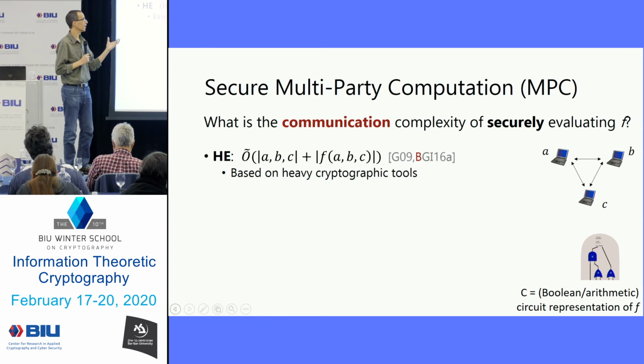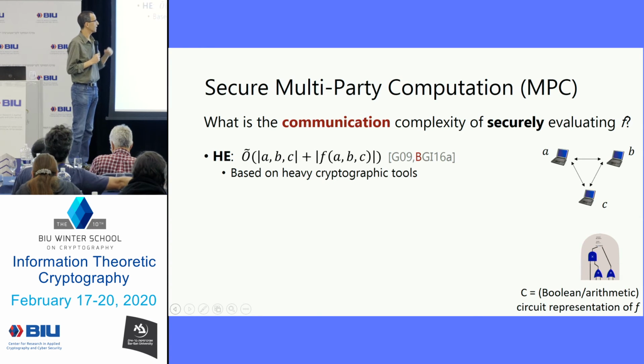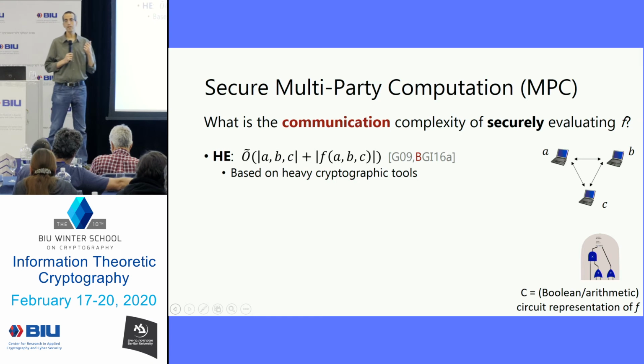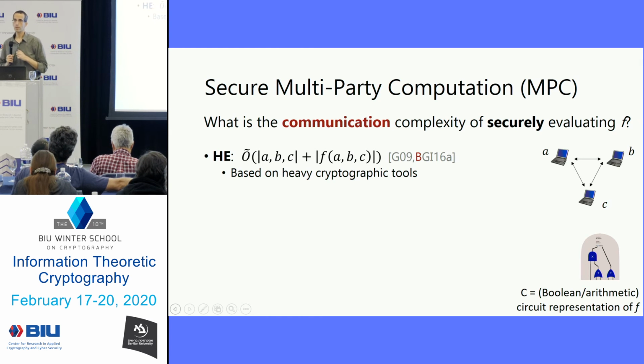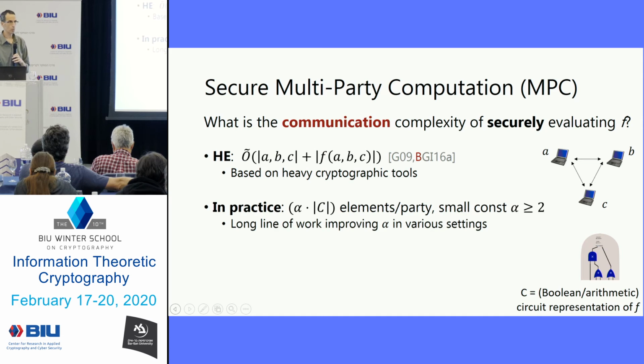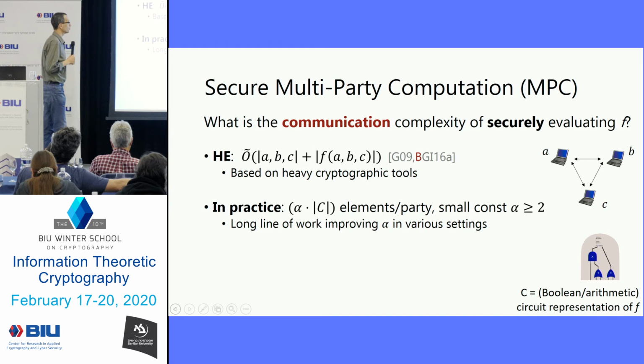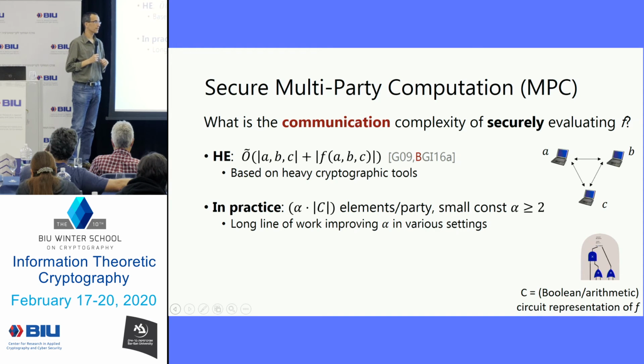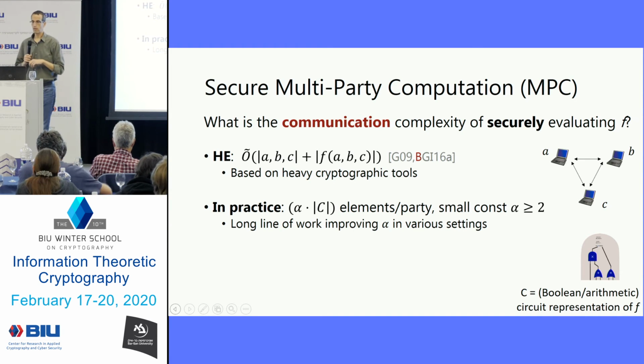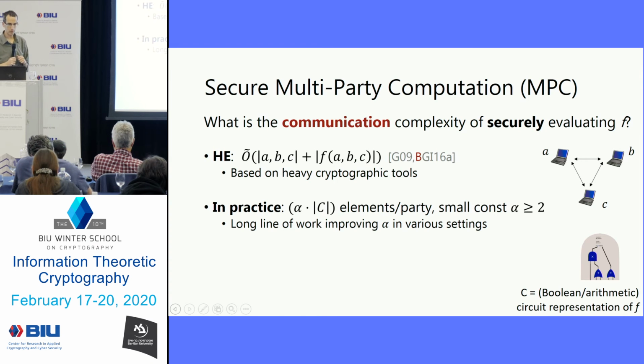The cost is some function of the input and the output, but it's based on very heavy cryptographic machinery. So what people do when they actually want to run MPC, and they do care about efficiency, is run interactive protocols, again in this setting of semi-honest or malicious.